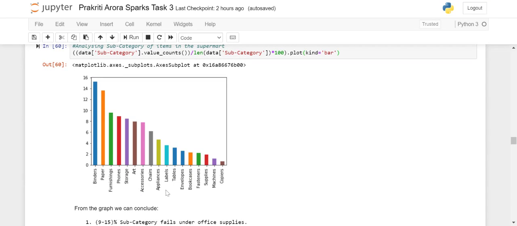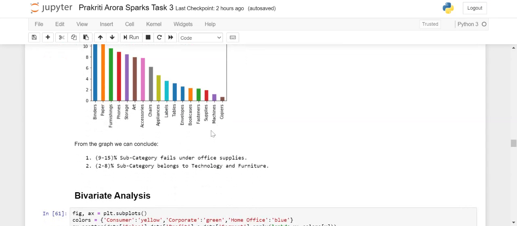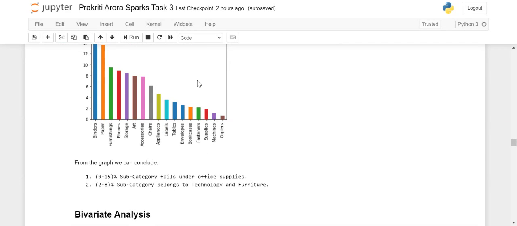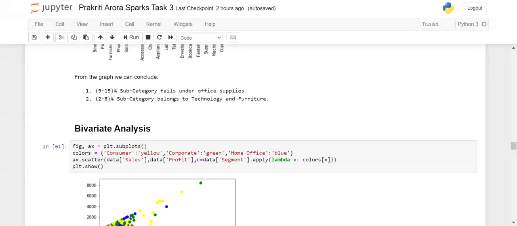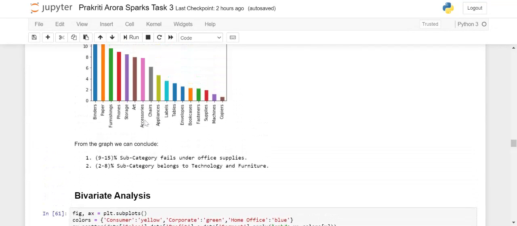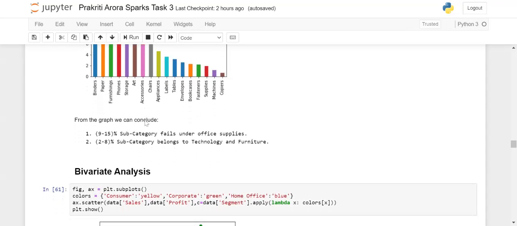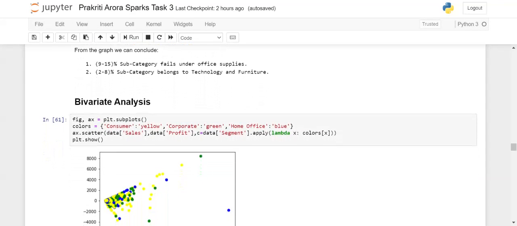For technology, we have appliances, phones, and machines. So from this bar graph we can conclude that 9 to 15% of subcategories fall under office supplies, and 2 to 8% of subcategories belong to technology and furniture.